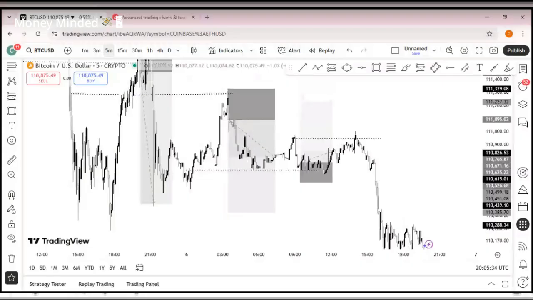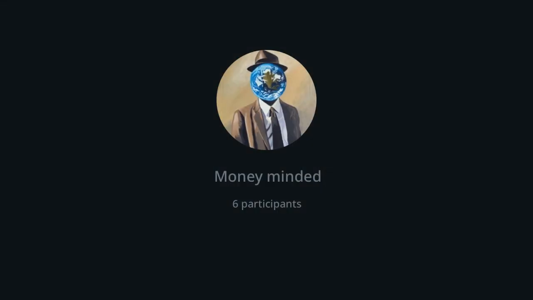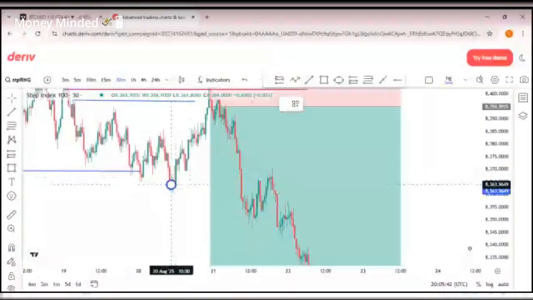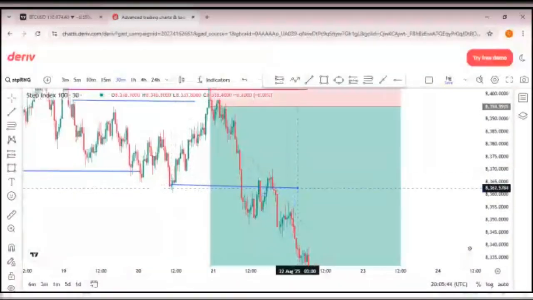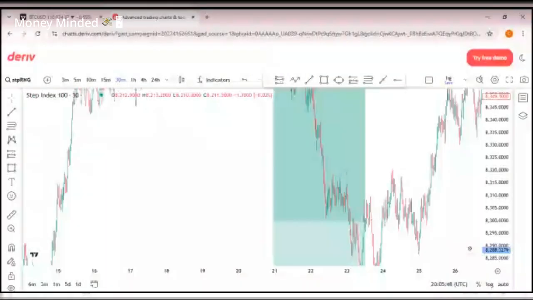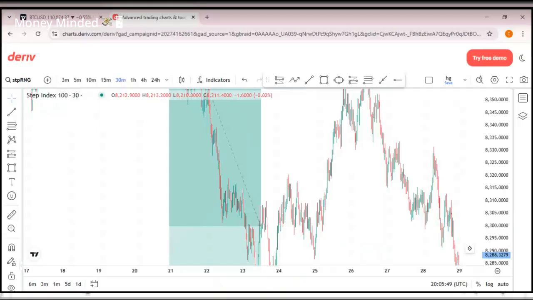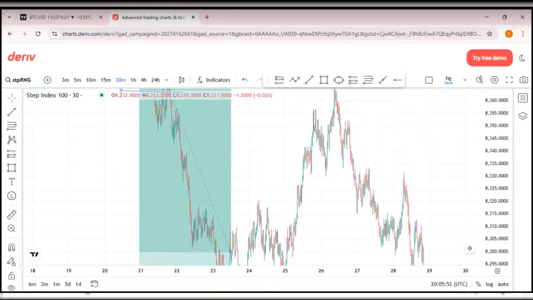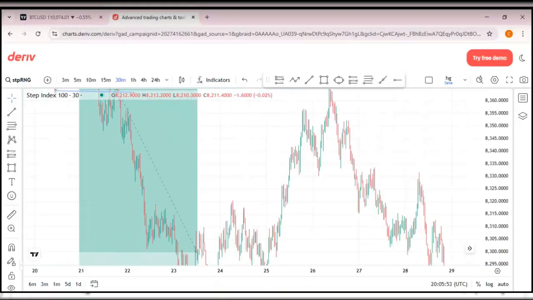So breaker block is one of the sweetest entry models. You can use it on any timeframe. There's a breaker block here for you to enter the market. It is just that interesting to use.